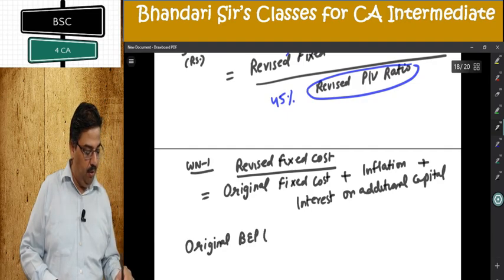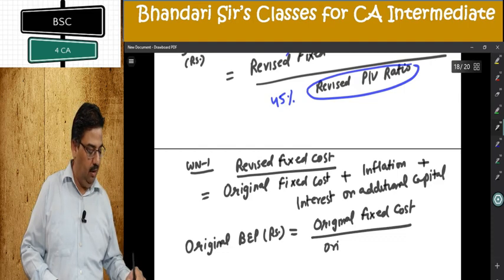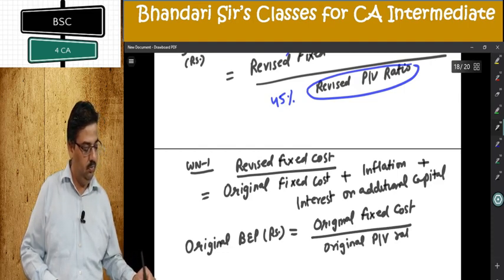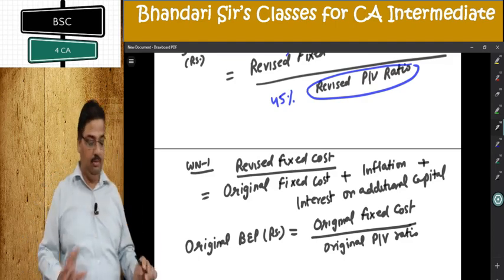Original break-even point in rupees is equal to original fixed cost divided by original PV ratio. I need to apply original PV ratio of 40% to get this figure.